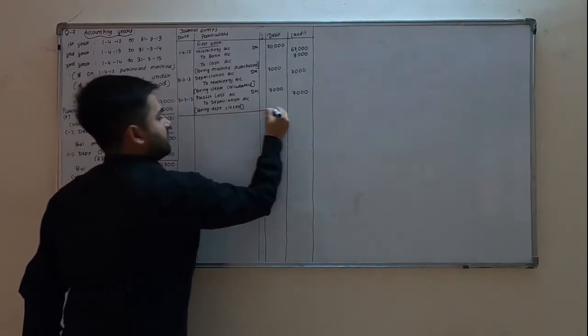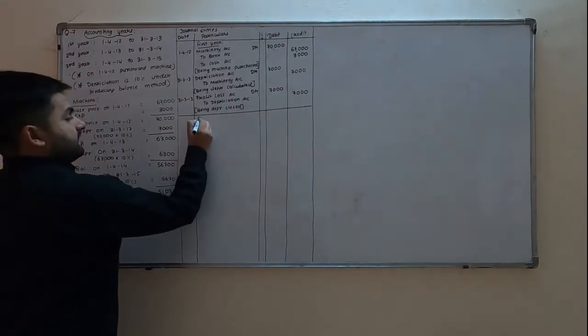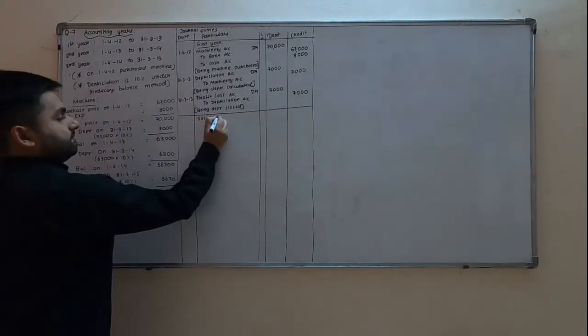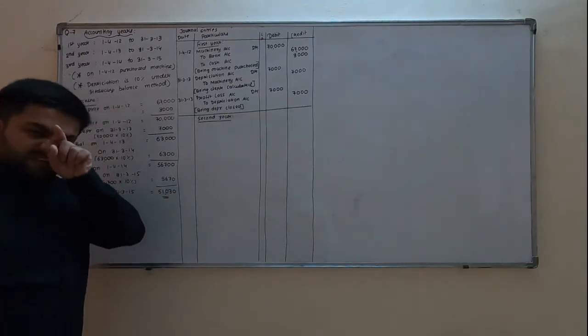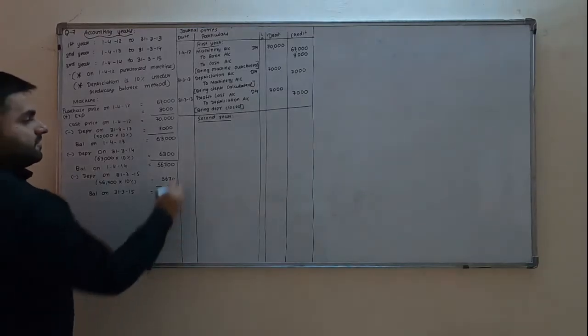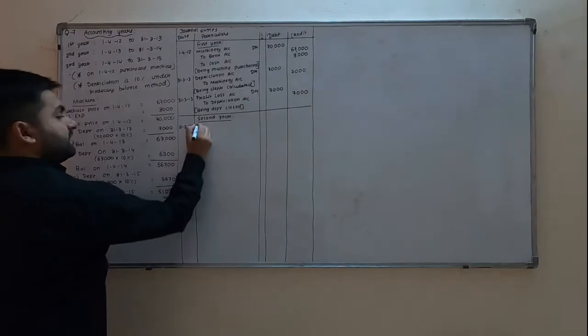So first year is over, so we should make a line. Don't take total. Then give the heading second year. Now in second year only depreciation is calculated. So 31/3/14, that is the end of second year.